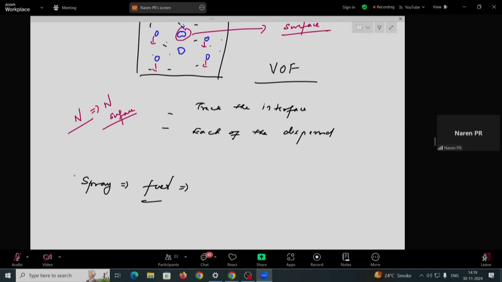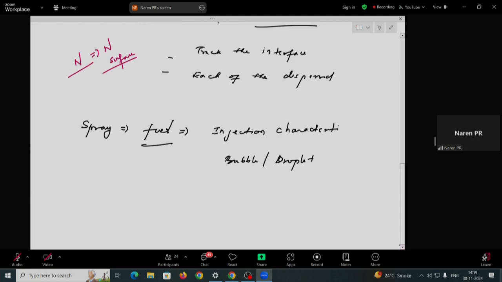If you spray a fuel, the injection characteristics will affect the size of the droplet or the bubble. Eventually, the fuel droplet has to vaporize, and that vaporization will affect the combustion dynamics.